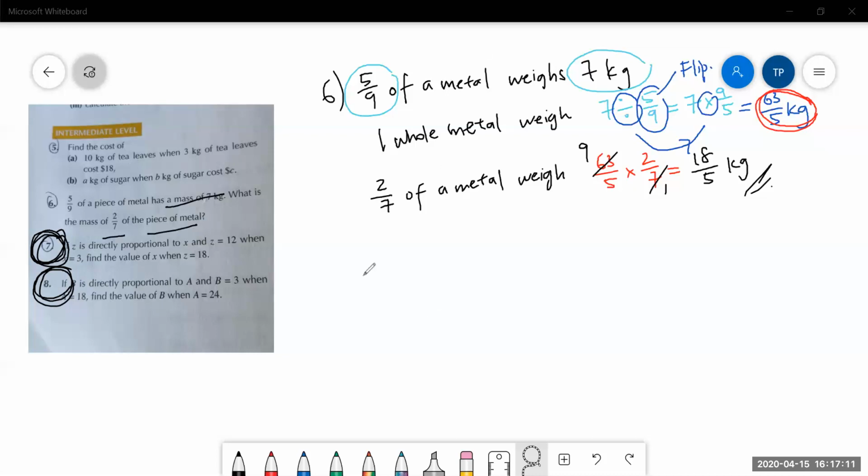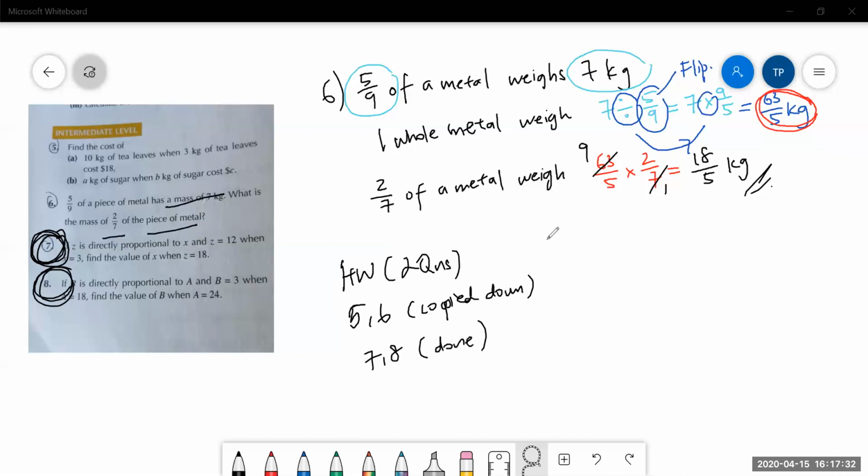You better write this down first. The homework, there are 2 questions, question 7 and 8. I want to see question 5 and 6 that you copied down. I want to see question 7 and 8 done and sent to me.